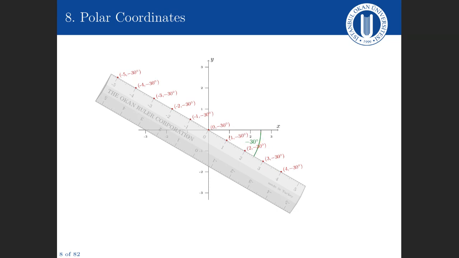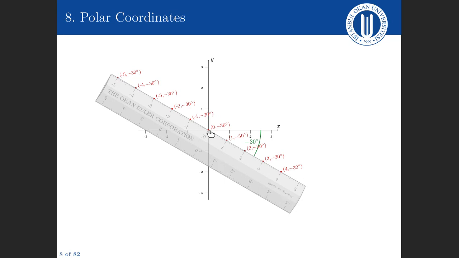So we're going to use the angle minus 30 degrees. And then we can label all of the points along the ruler: (1, -30°), and then (2, -30°), (3, -30°), etc. And also the negative numbers: (-1, -30°), (-2, -30°), etc.